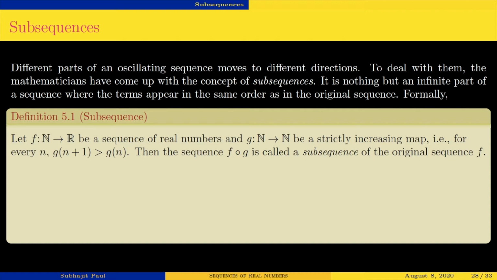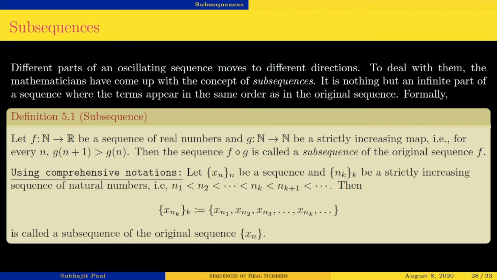That is, for every n, the value at n plus 1 of G is strictly greater than the value at n of G. Then the sequence F composed G is called a subsequence of the original sequence.